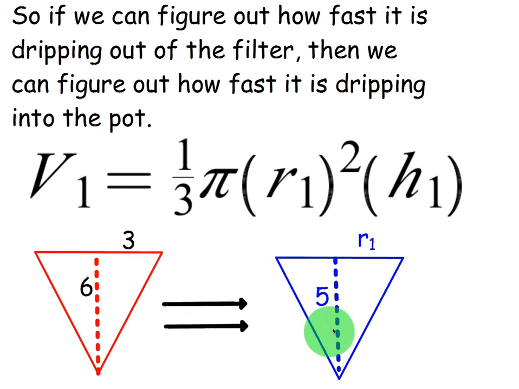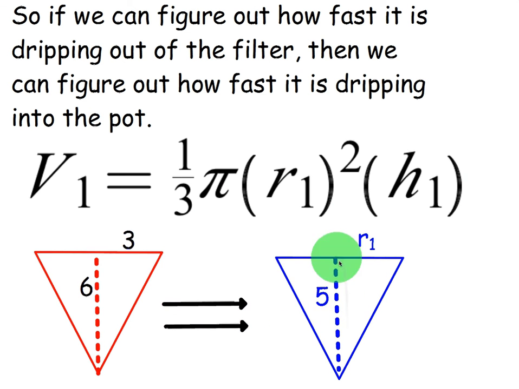Well, we know that the level in the filter at this point in time is 5 inches. We can see another example of similar shapes. Here is the whole filter. It's 6 inches tall by 3 inches radius. At this point, it's 1 inch below that, at 5 inches.